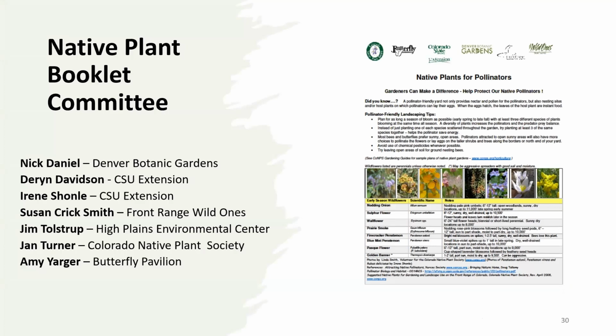And the rest of my slides just sort of unpack this idea of early season, middle season, and late season. These are not by any means the only plants, but really just giving an idea of how to plan a season-long garden that will benefit pollinators and also be an attractive, interesting garden throughout the season.